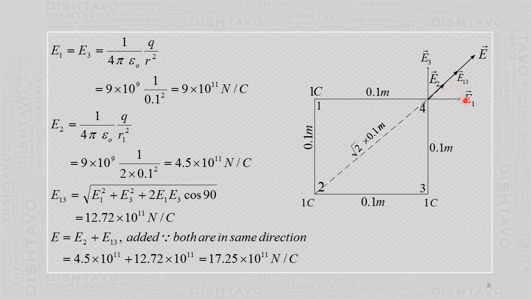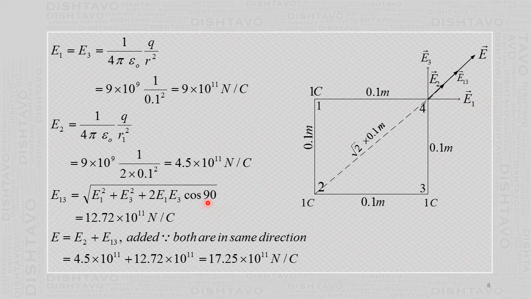The magnitude E13 is given by the resultant formula, square root of p square plus q square plus 2pq cos theta. Here p is E1 and q is E3. So it is square root of E1 square plus E3 square plus 2 E1 E3 cos 90, because the angle between E1 and E3 is 90 degrees.